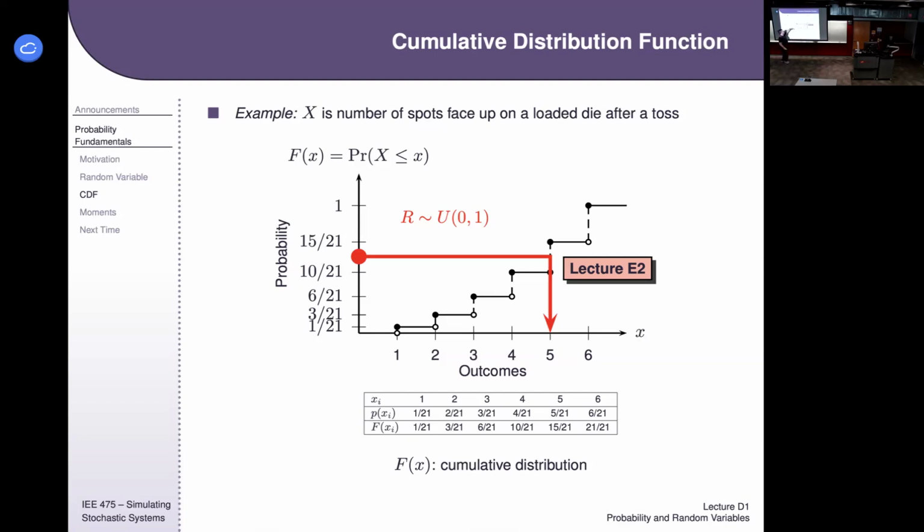So even though I had a uniform distribution here, I will get a non-uniform distribution here. And that is how we simulate rolling dice in a computer, by using CDFs like this. That's what we'll learn about in Unit E.